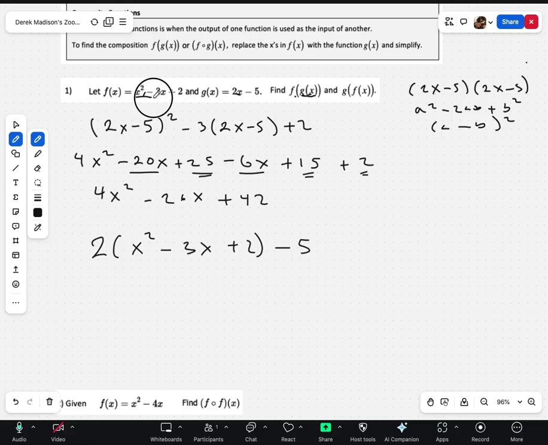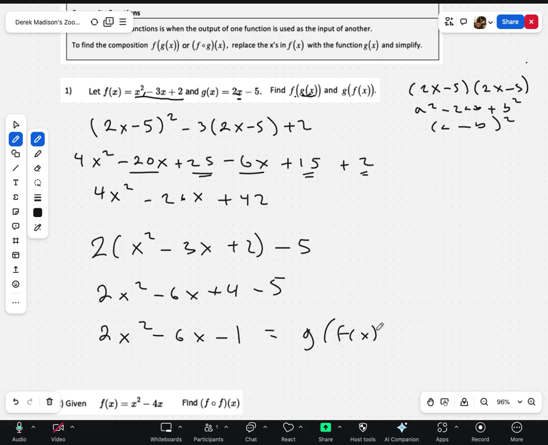So there's this plugged in right there, and that one is g of f. Distribute the 2 and collect terms. So 2x squared minus 6x plus 4 minus 5, and plus 4 minus 5 would be a minus 1. So that one is g evaluated at f of x, or the composite of g and f of x.